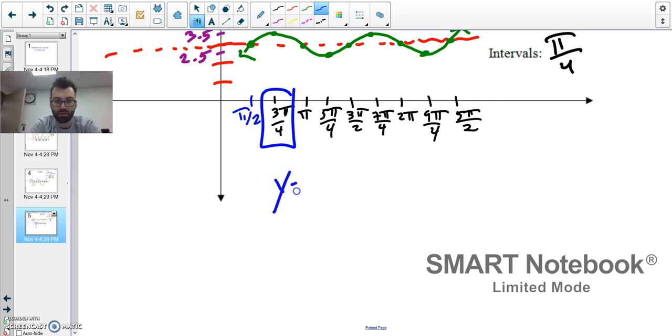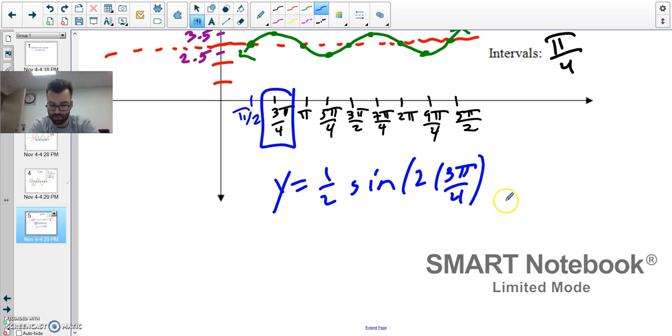So y equals 1/2 sine of 2 times 3 pi over 4 minus pi plus 3. Well, 2 times 3 is 6 divided by 4.